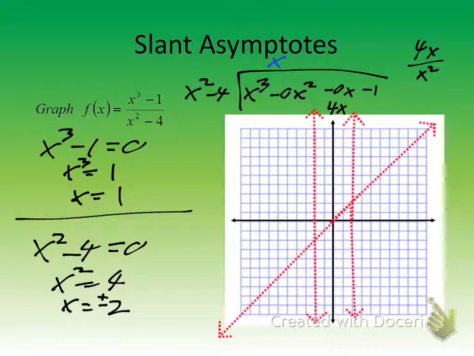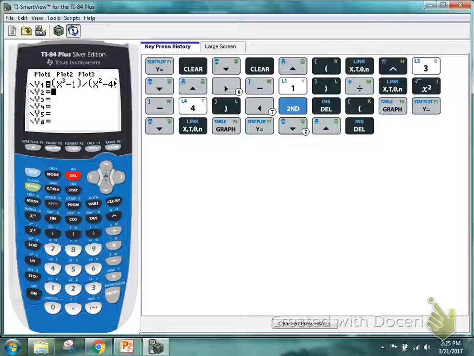Remember I said this was weird in 2 places. I'm going to delete all this. Everybody good? The top line is the function. Line 2 is my asymptote. Watch the graph.